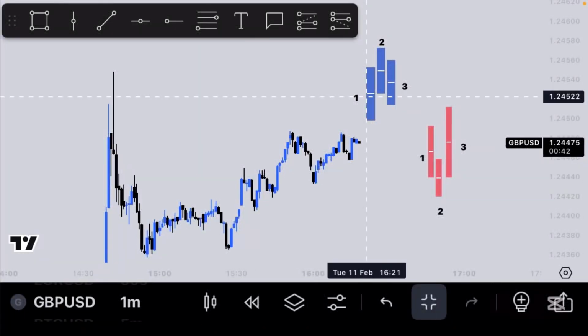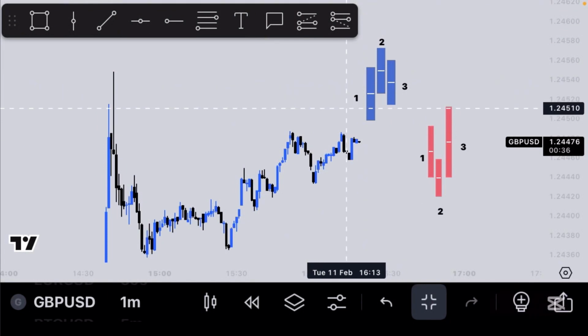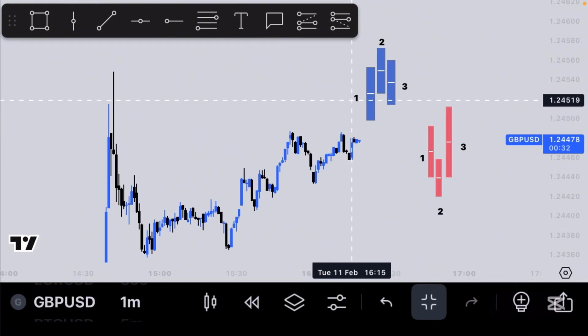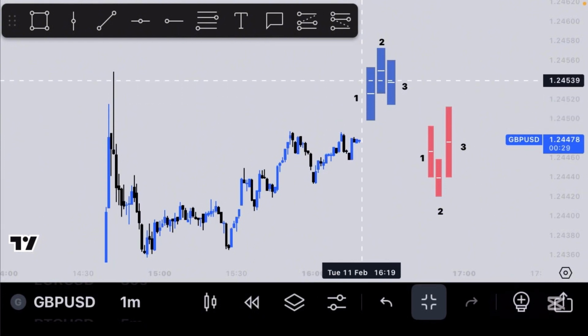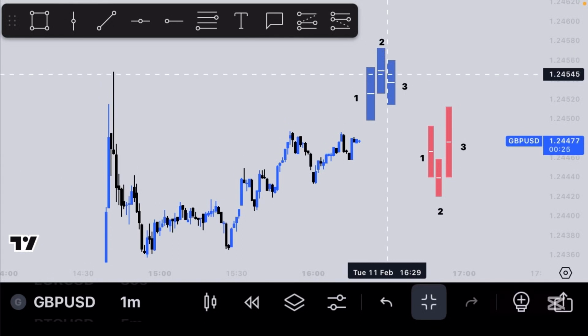So without wasting much of our time, as you're looking at the chart here, let's come up to these blue candles, which I drew just to give you a good annotation so you can see it before we go to the chart and identify them. If you look closely here, you see the first candle, the second candle, and the third candle.